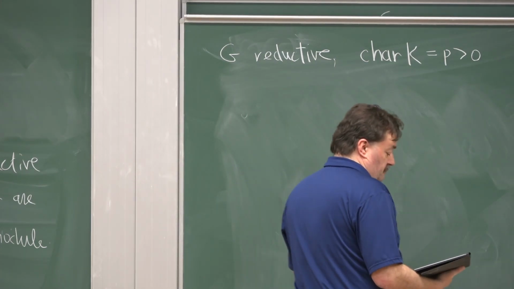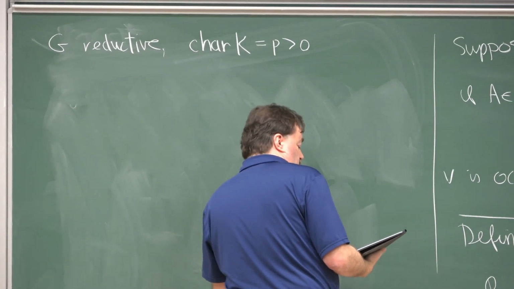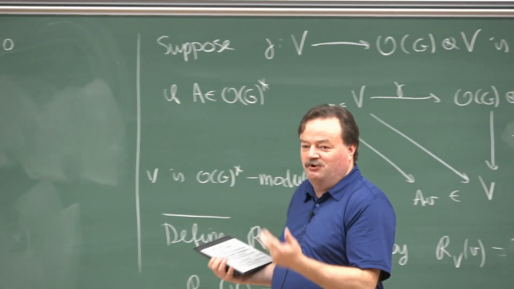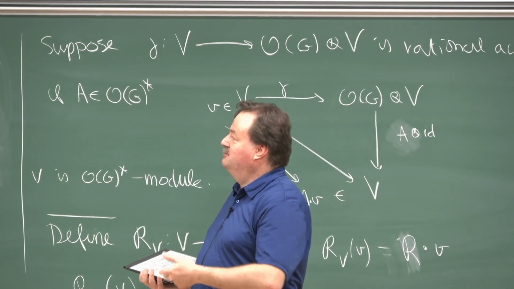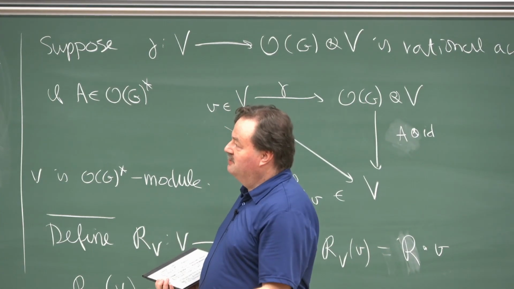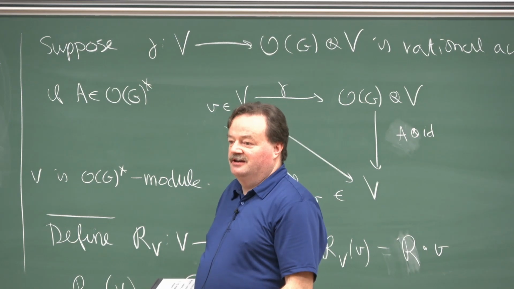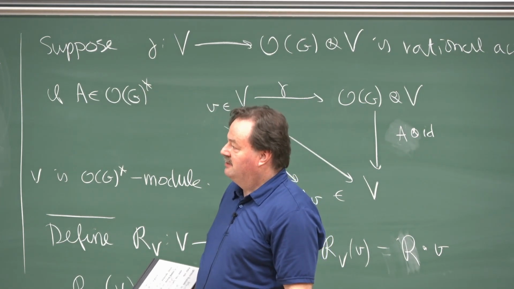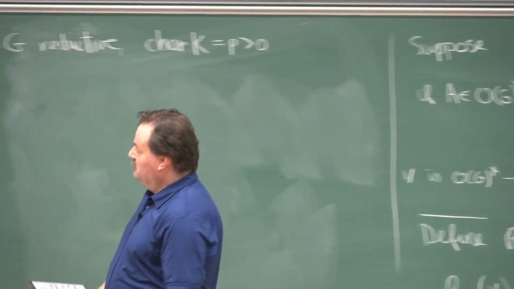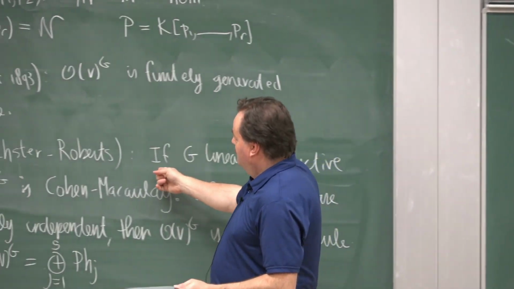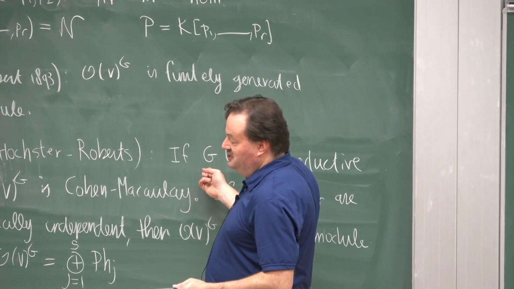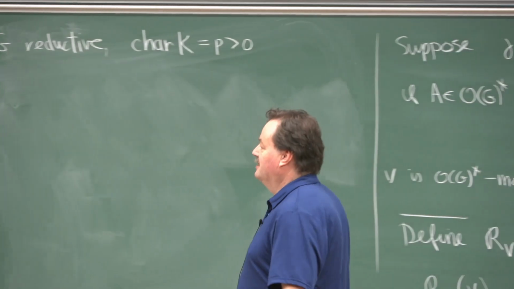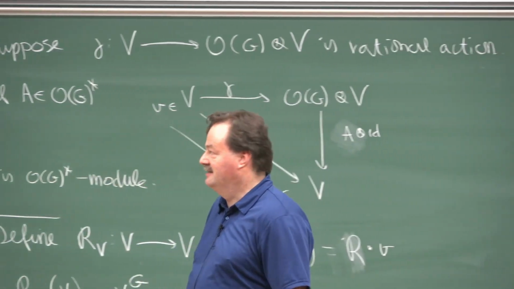And actually, positive characteristic is most of the time worse, right? But there are also things that you can do in characteristic p that you cannot do in characteristic 0, right? Like, for example, taking the pth power is an algebra homomorphism. In fact, the proof of this Hochster-Roberts theorem, which is mainly a theorem in characteristic 0, actually goes through in characteristic p, using tight closure of ideals and things like that.